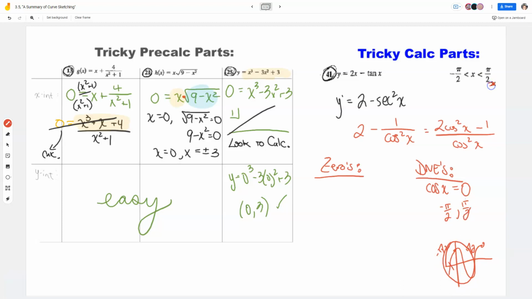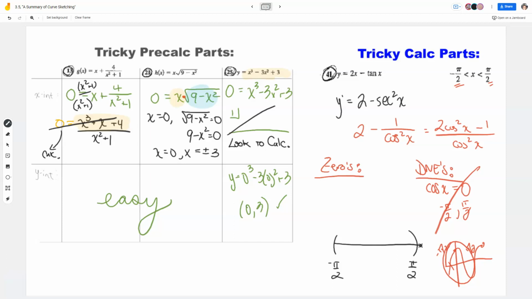I already have those in my domain restriction, so technically I don't have to think about those as critical numbers. They're already going to be in my number line when I go to do my sign chart. I'm only looking in between, that's it.